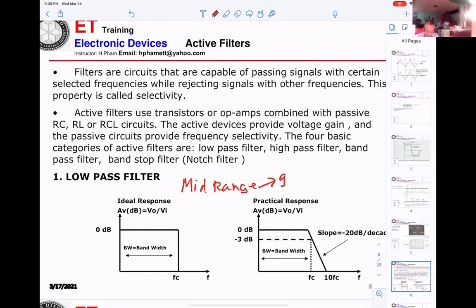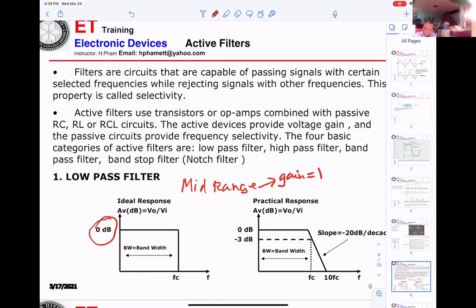Mid-range means the gain equals 1, so the input and output are the same. At the mid-range, there is no loss. If 10 volts comes in and 10 volts comes out, no loss. If 10 volts comes in and 5 volts comes out, you get loss. That's why they say 0 dB here, meaning the gain equals 1. You take 20 log of 1 to get 0 dB.